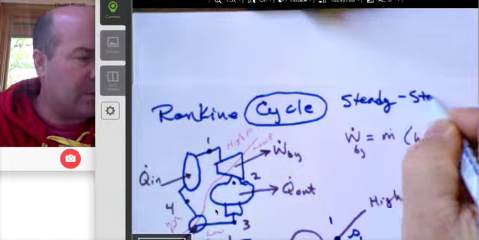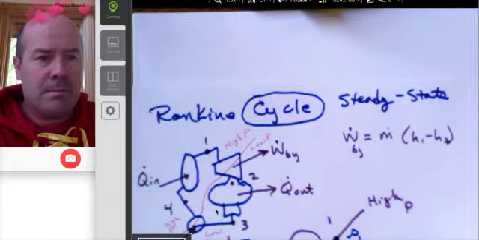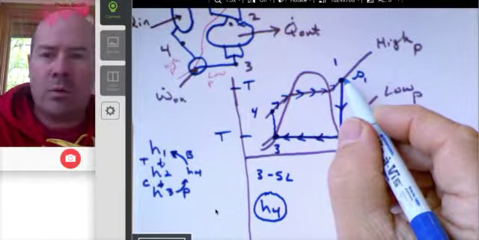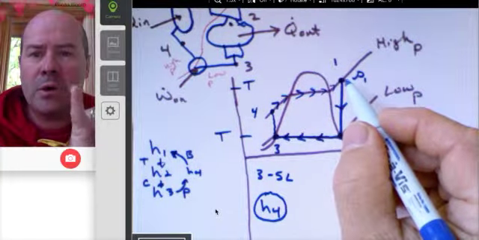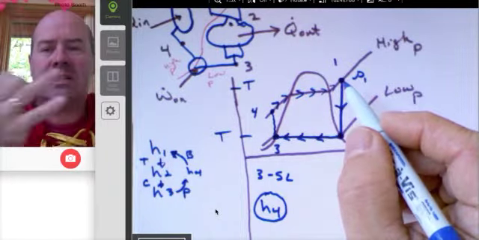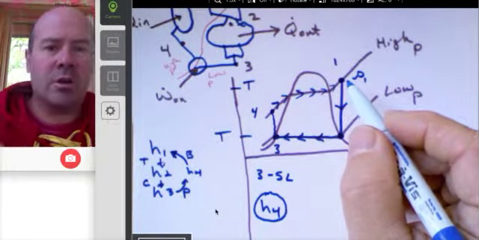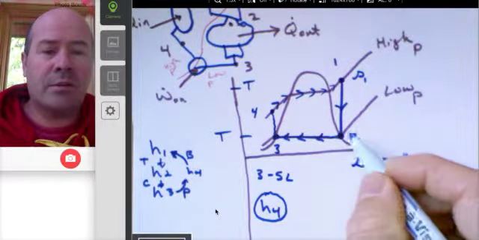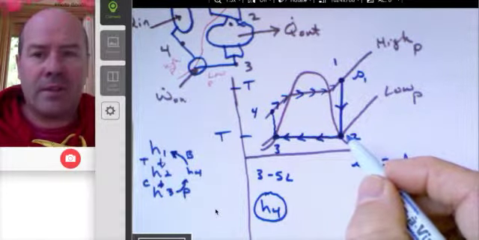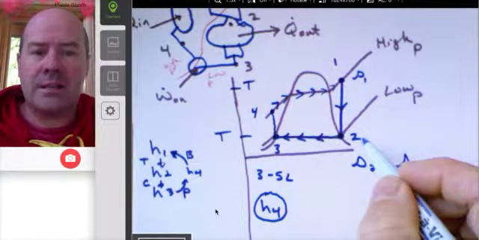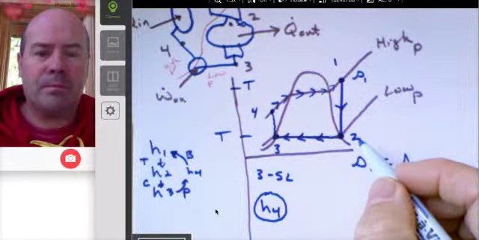What does that mean? Steady state means that over time, everything at point 1 stays constant. The enthalpy at 1 stays the same. The pressure at 1 stays the same, and so on, all about point 1. Now, point 2 is different. It's got different enthalpies and pressures and temperatures and entropies, but they stay the same with respect to time.